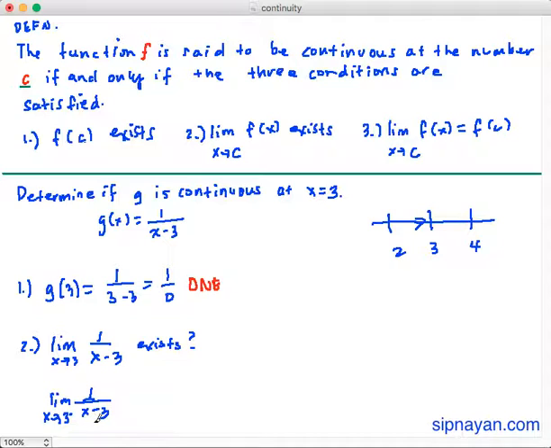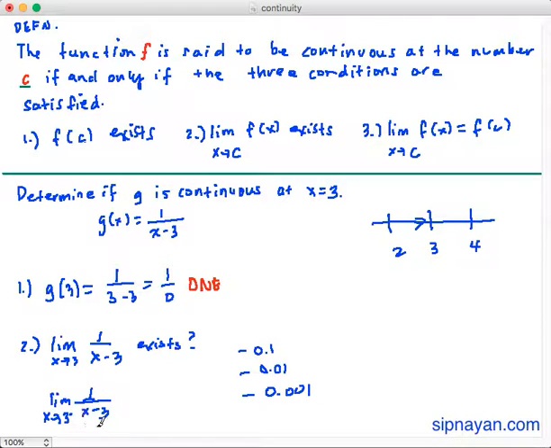So pag naging 2.9, magiging 2.9 minus 3 magiging negative 0.1. Pag 2.99, naging negative 0.01, negative 0.001. So, the number is getting closer and closer to 0, but it's negative.